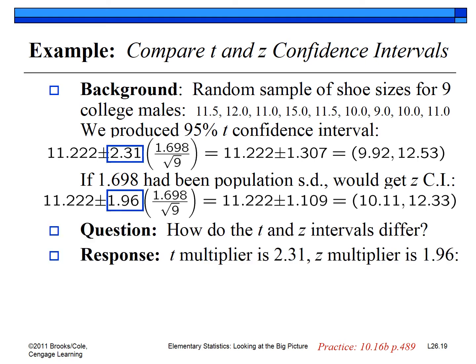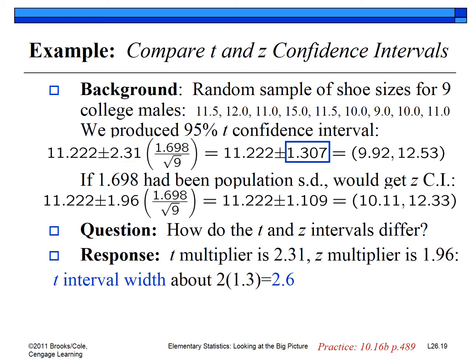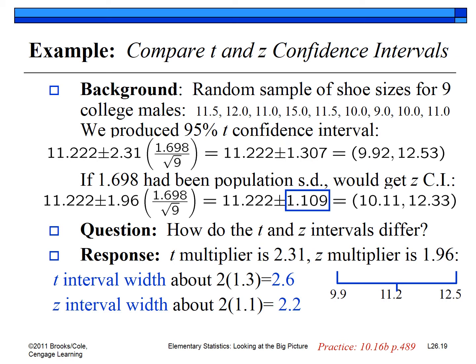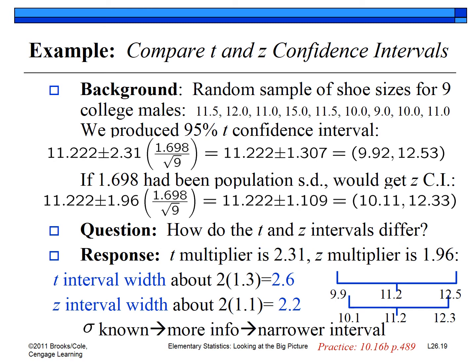How do these differ? Well, notice the different multipliers. The t multiplier is bigger, and it always will be. Notice the width of the t interval is about 2.6, while the width of the z interval is about 2.2. The reason for this is, if we know the population standard deviation, we have more information, so we're more confident about our results. That allows us to shrink the interval a bit.